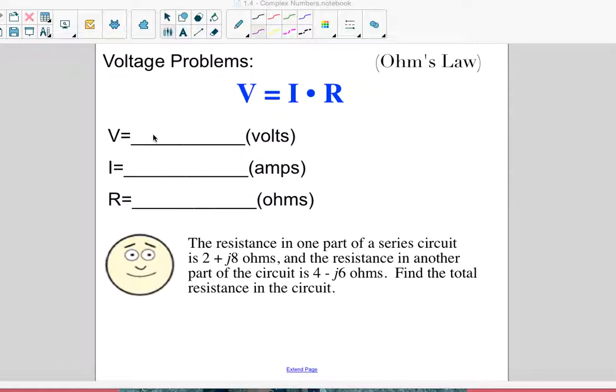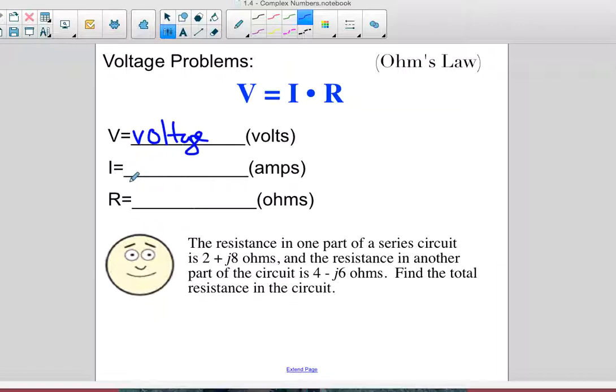But we need to know what these V's and I's and R's stand for. And V is probably the easiest one, right? So V equals I times R. And V, as you may have guessed, stands for voltage, okay? And that's something we measure in volts. The I, I don't know if you guessed it, the I stands for the current, right?